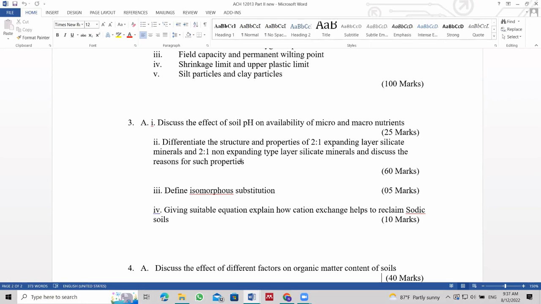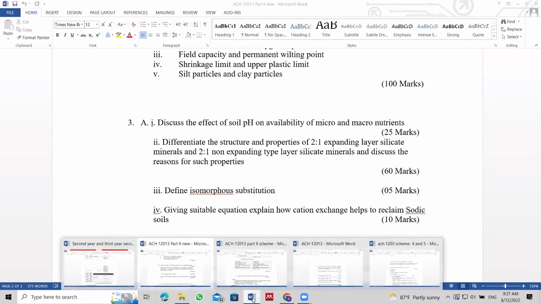Why is 2:1 non-expanding not expanding? Between the layers there is a weak oxygen bond, therefore it is in the expanding type. In non-expanding, what is there? A lot to study, huh?